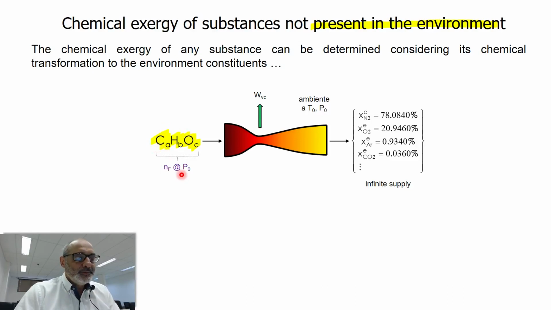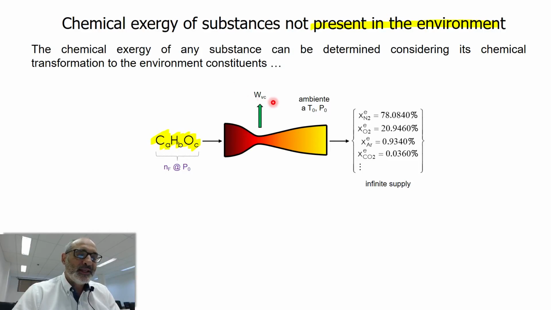Another variable to be highlighted is that it is at a pressure P0, and its molar flow rate is F. The letter F stands for fuel. So I'm injecting this fuel in a reaction chamber, a burner. I can generate work from this process.